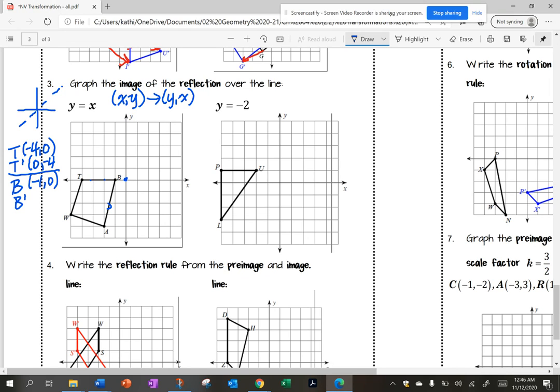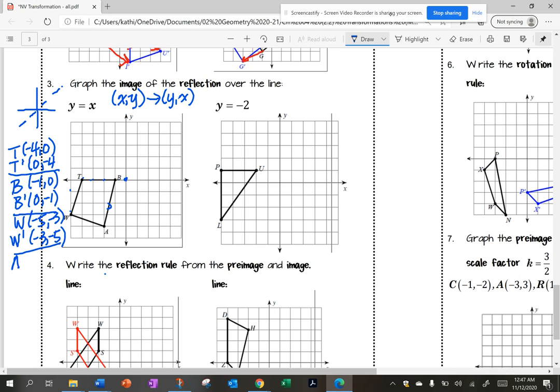So B prime is 0, negative 1. W is at 1, 2, 3, 4, 5. Negative 5, 1, 2, 3. So W prime is going to be negative 3, negative 5.